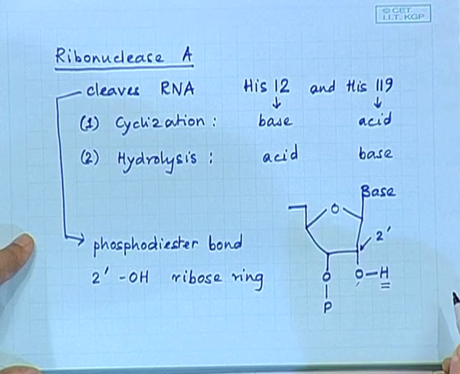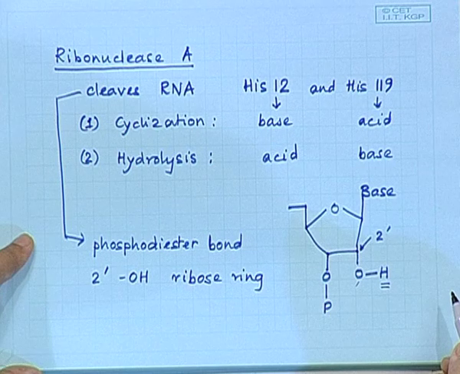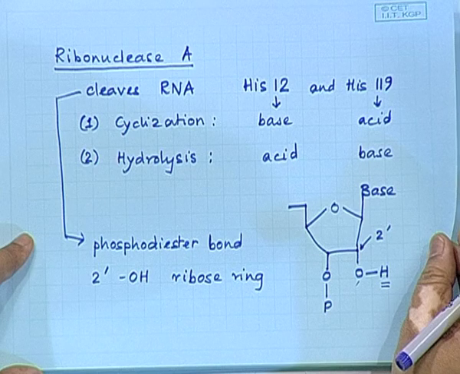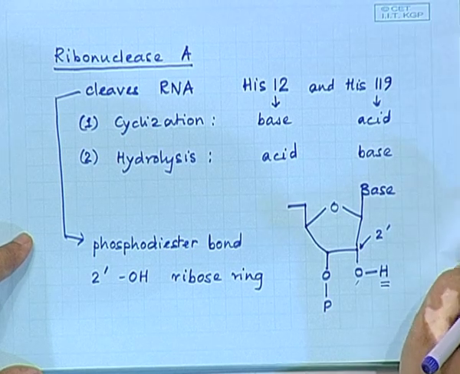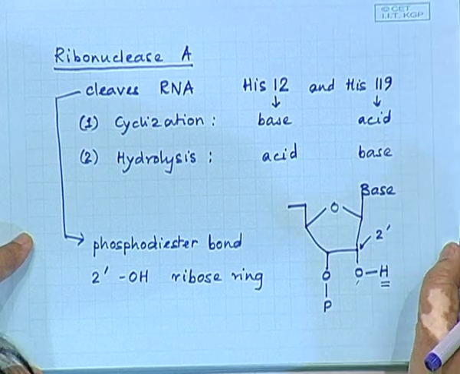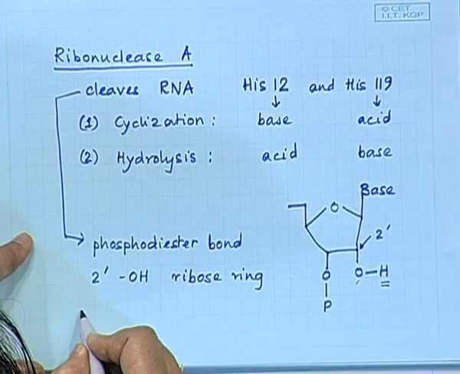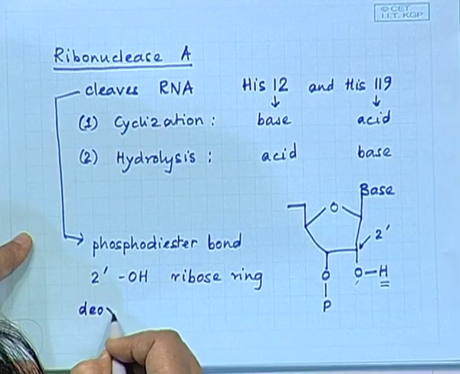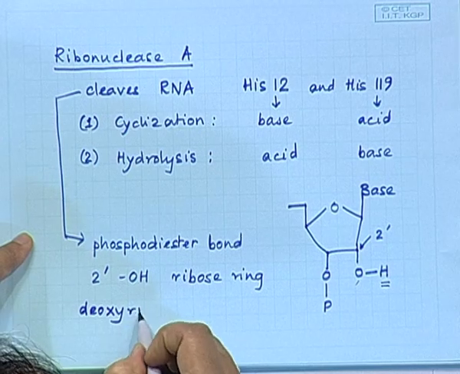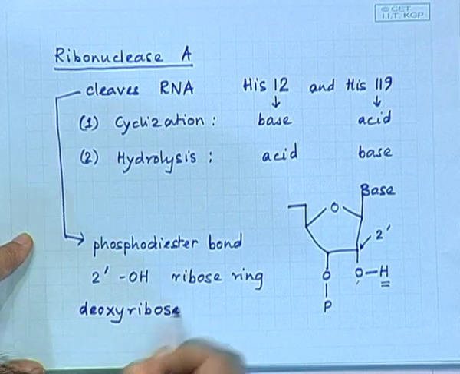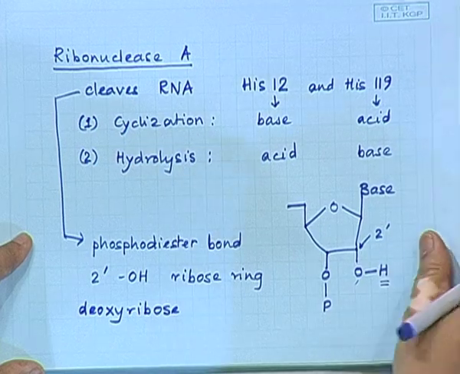Now, if I have what is called DNA, okay, if I want to know whether ribonuclease A is going to cleave DNA, what DNA is deoxyribose. Okay. So, what is deoxyribose?